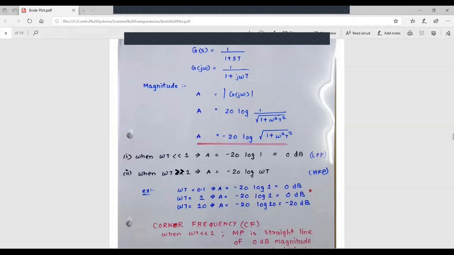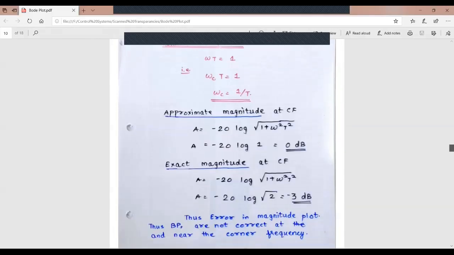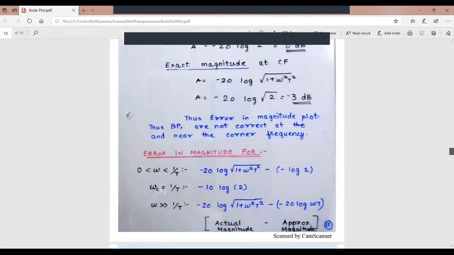If t is equal to 1 by 1000, omega will be equal to 1000. So what we can say is, the frequency at which omega t becomes 1 is known as the corner frequency, and at the corner frequency there is a threshold. Before the corner frequency, that particular factor contributes 0 dB, and after that it contributes minus 20 log of omega t. This is all what we discussed just now.